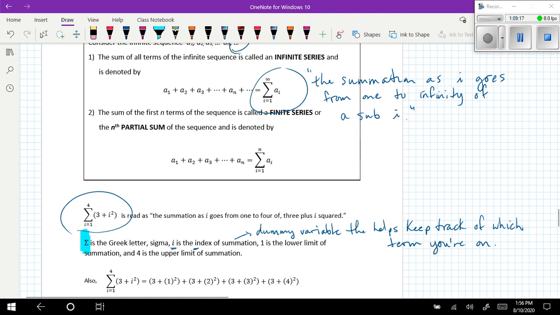All right, 1 is the lower limit of the summation, and 4 is the upper limit of summation.